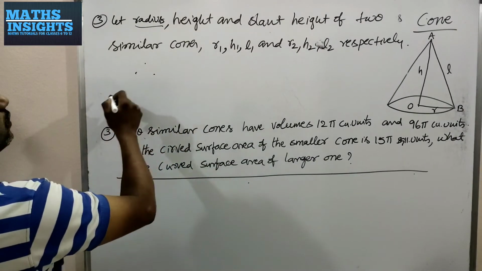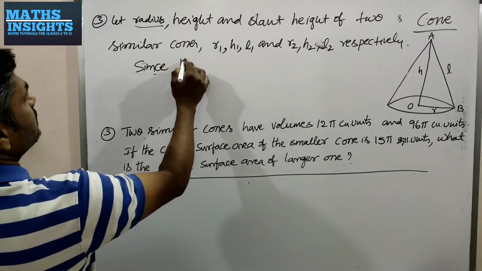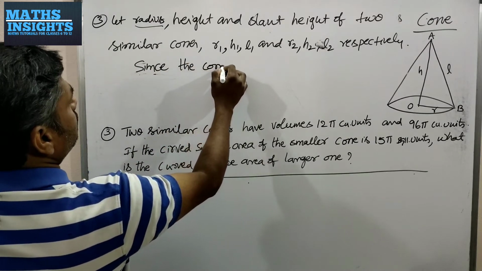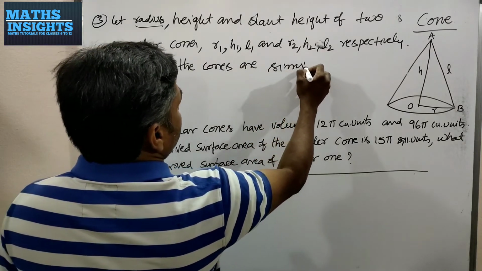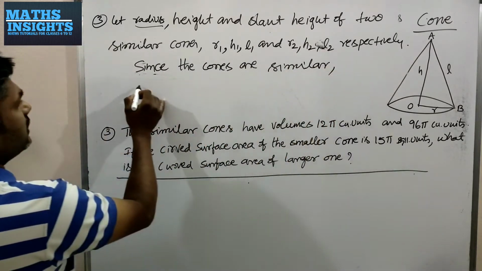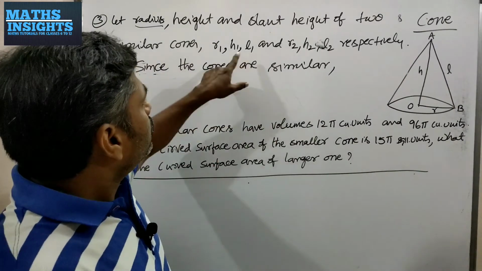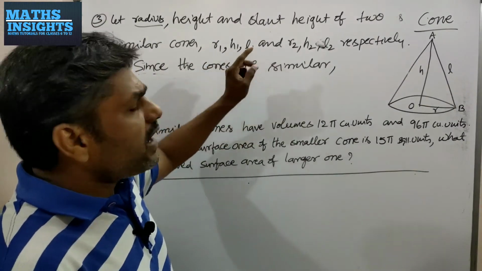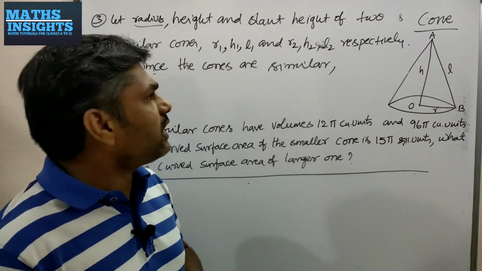Therefore, since the cones are similar, the ratio of r1 and r2, h1 and h2, l1 and l2 is the same. Let its value be k.